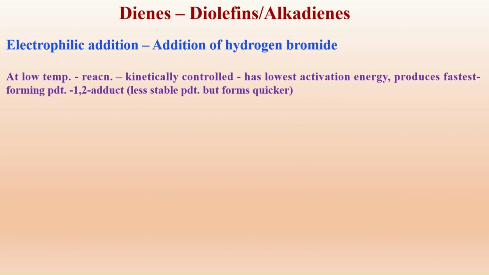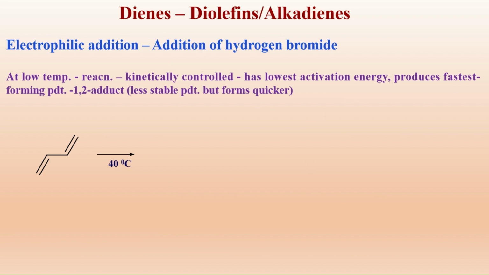At low temperature, activation energy barrier is easily overcome by the fastest forming product, that is the 1,2 addition product. The product is less stable, but it forms quicker.